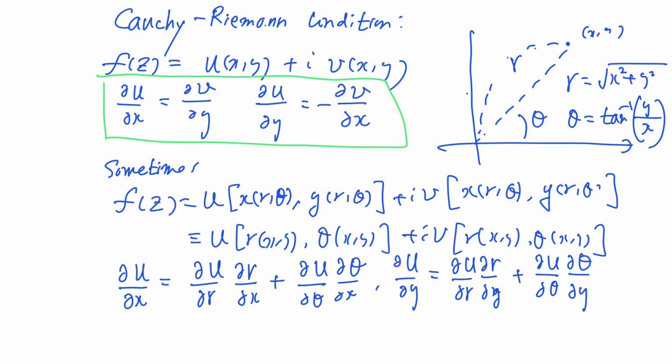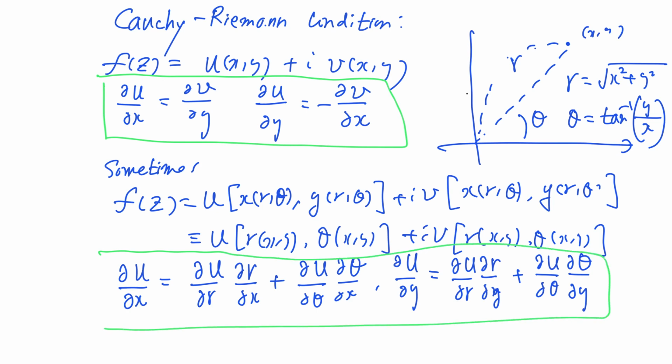So actually, this is called the chain rule. Actually, it is very easy to see that. Still copying? Check. u(r, theta).